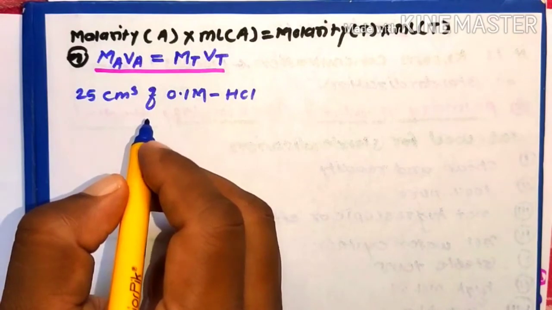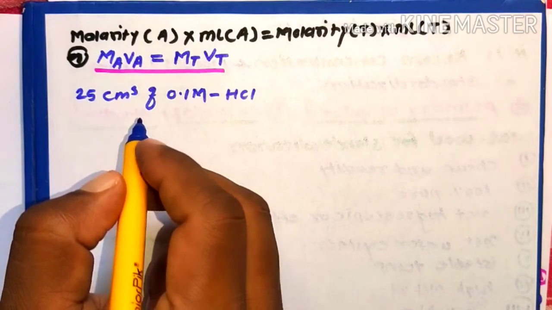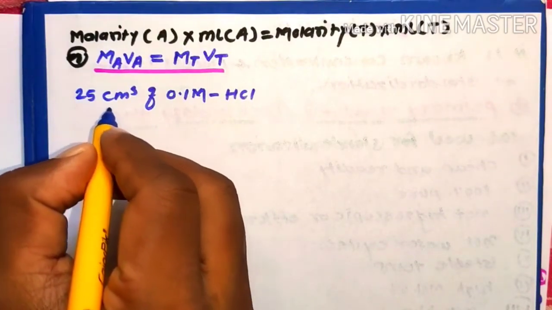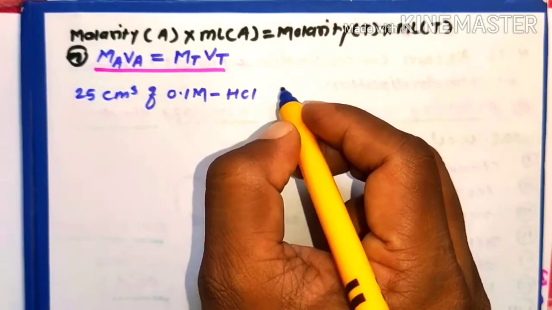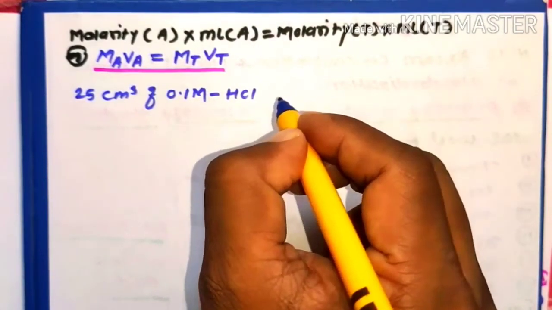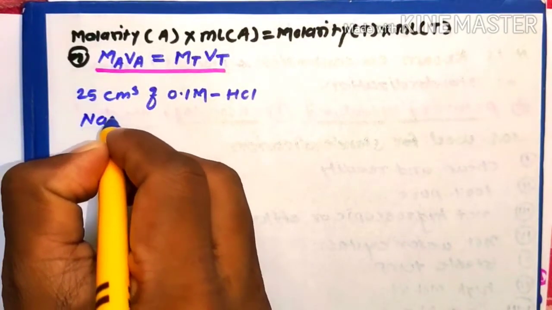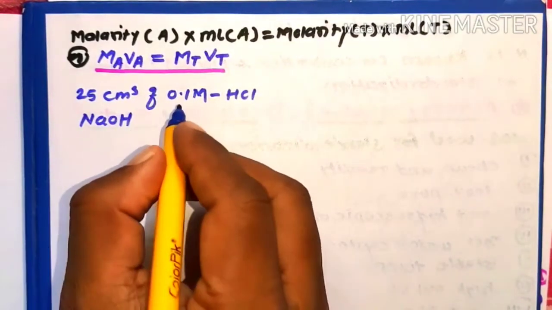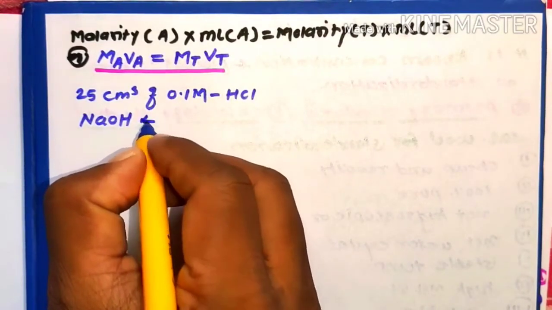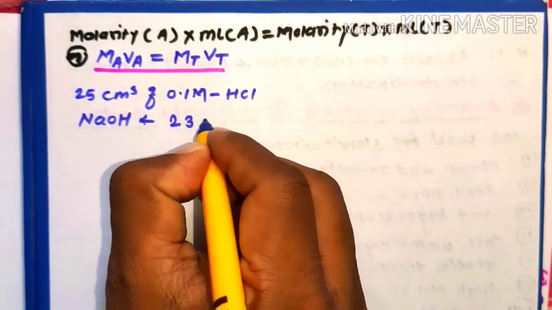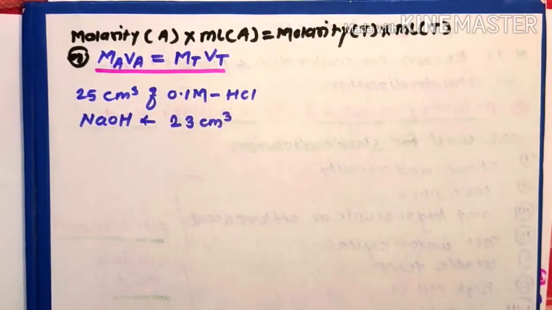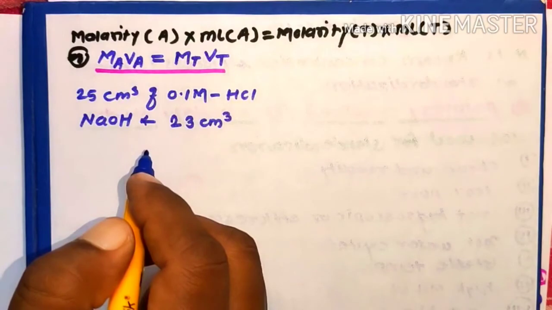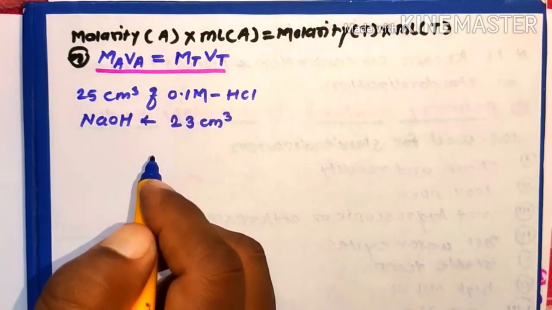Calculate the molarity of NaOH and its concentration in gram per cm cube.